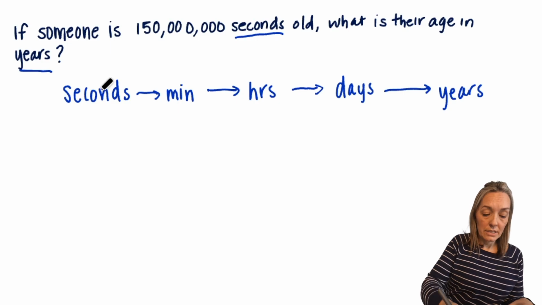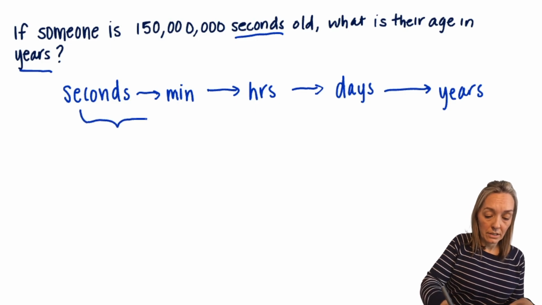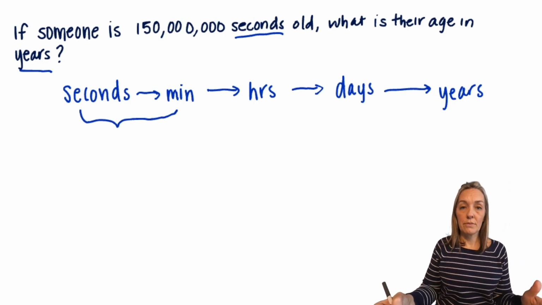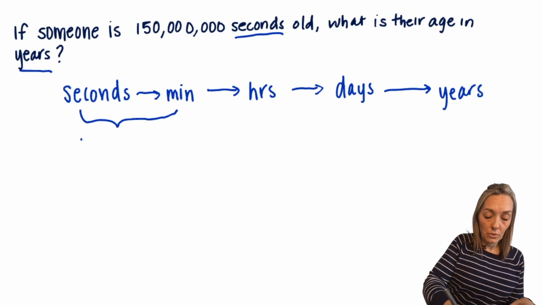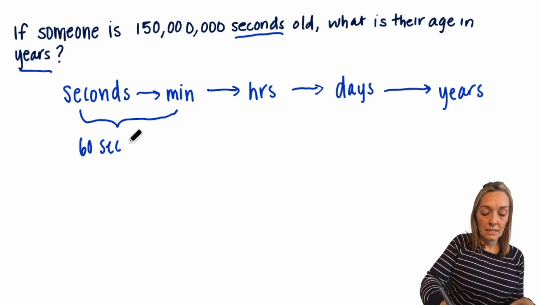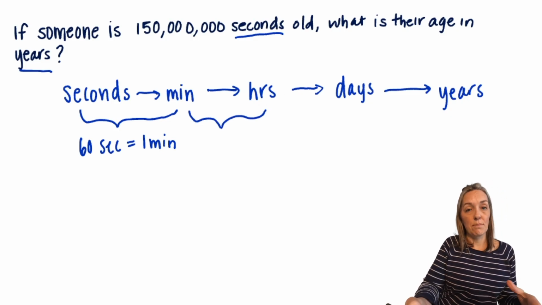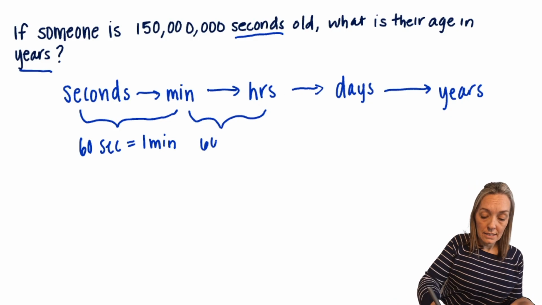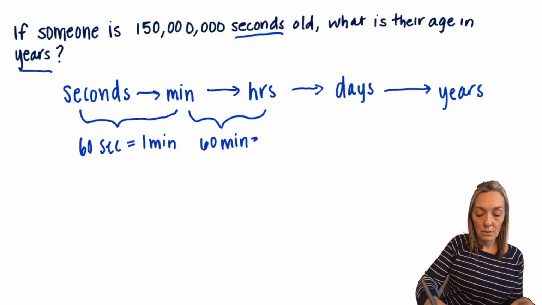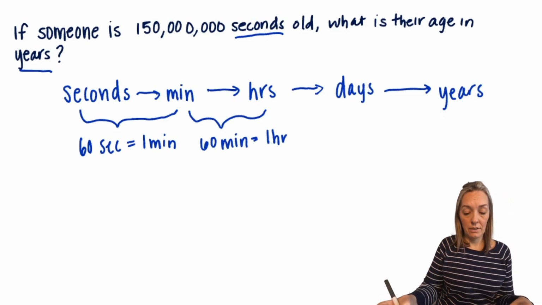Next thing I need to do is determine what are the equivalent values for those. So in terms of seconds and minutes, I know that 60 seconds is equivalent to 1 minute. Next, I'm going to look at minutes and hours and find the relationship between them. I know that 60 minutes is equivalent to 1 hour.